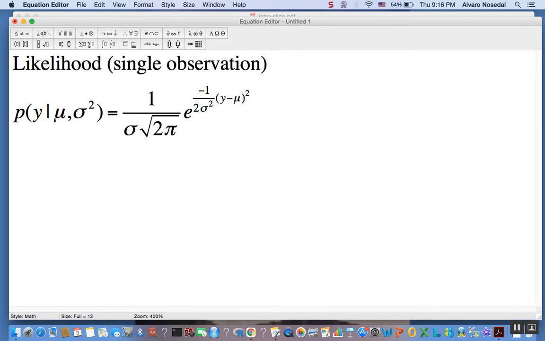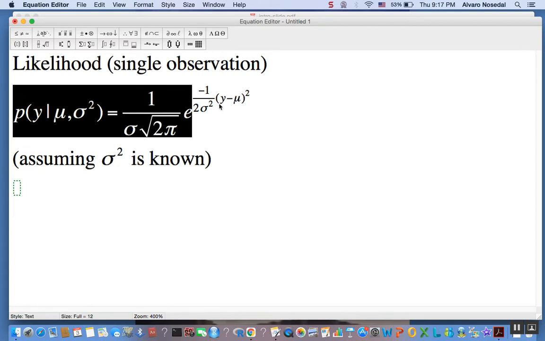Okay, so as we mentioned at the beginning, we're assuming that sigma squared is known, then we could rewrite this expression like this.